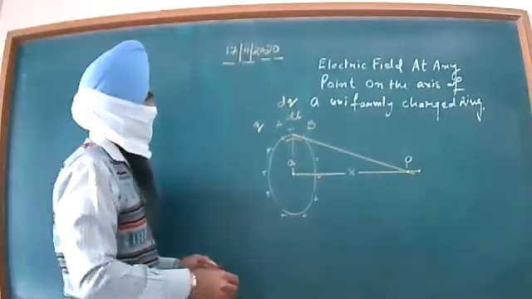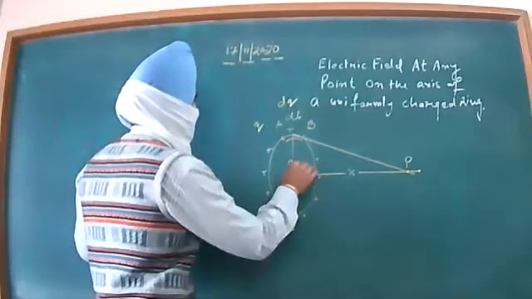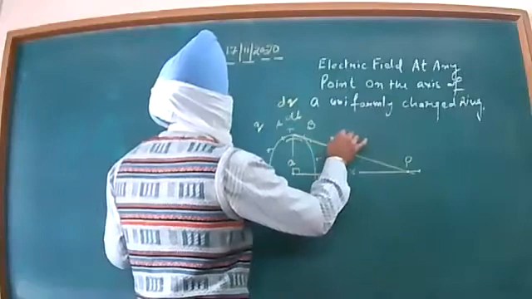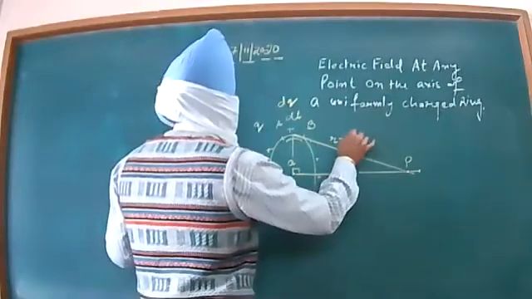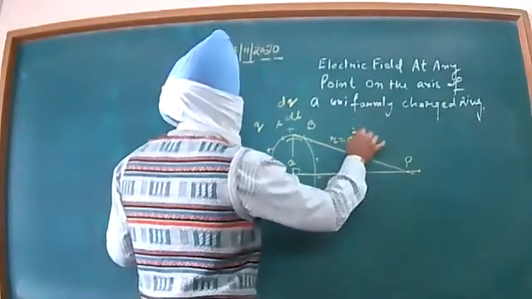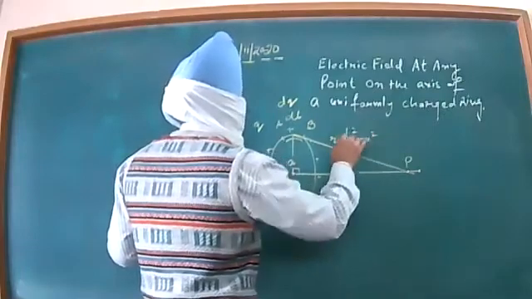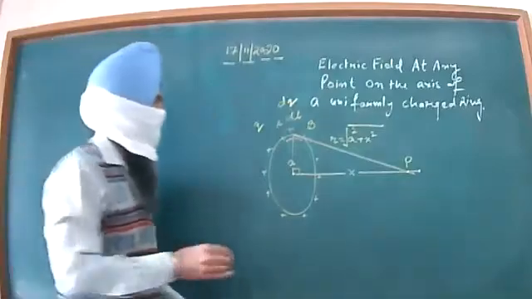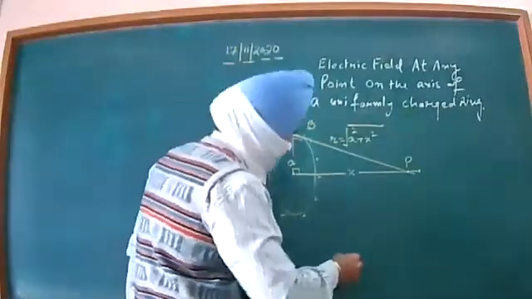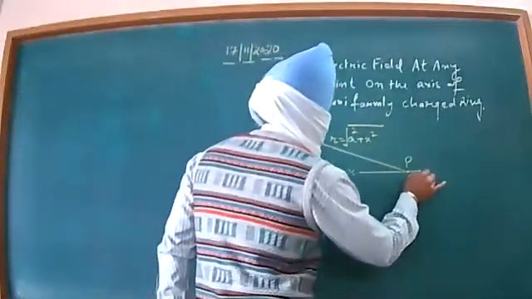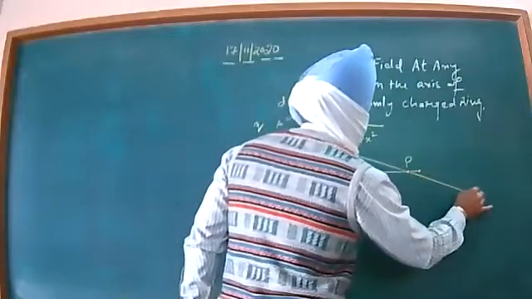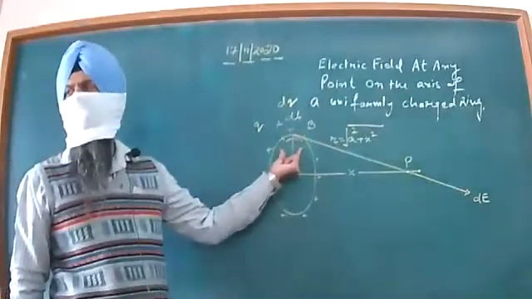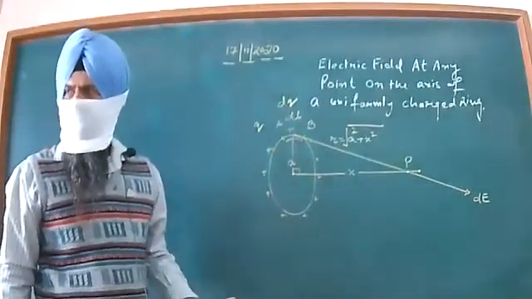Now beta, if this is a right angle, then this side we can regard to be equal to the square root of a square plus x square. And furthermore, beta, we imagine that this is the small electric field dE due to this small element AB, beta. Clear, beta?